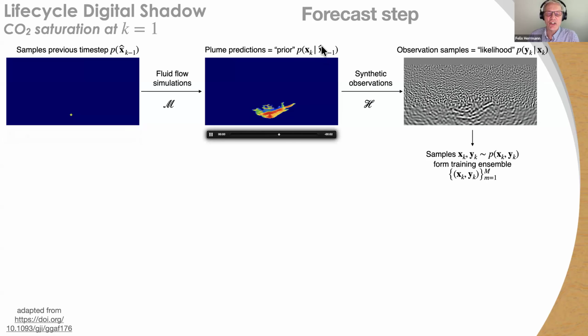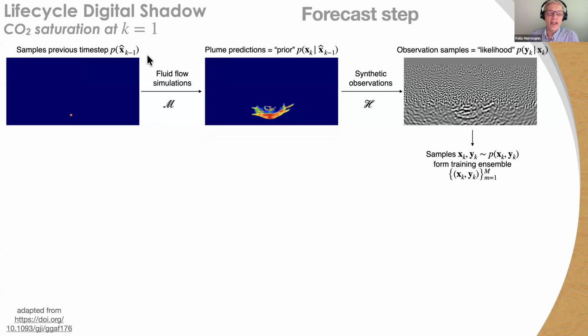Hat means it's basically observed data. That's a bit of a misnomer for k is 1, but for later iterations you will understand what I mean. So what we do now, we draw different samples for the permeability model and run, for these different initial conditions, the CO2 multi-phase flow simulations. And here you see the CO2 saturation.